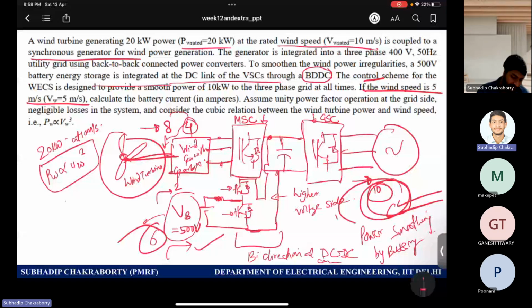So what is P wind at 5? What is power of wind at 5?